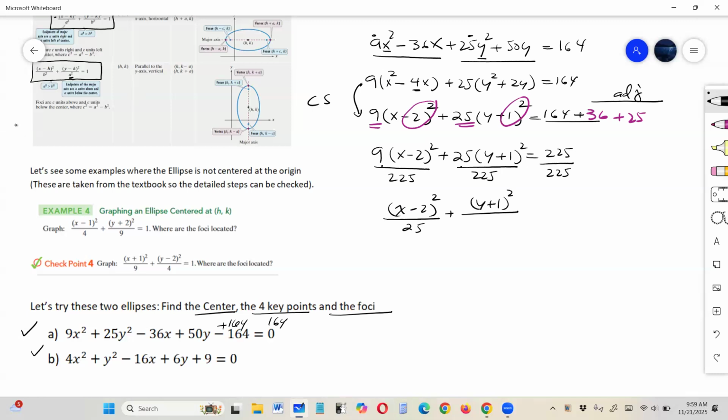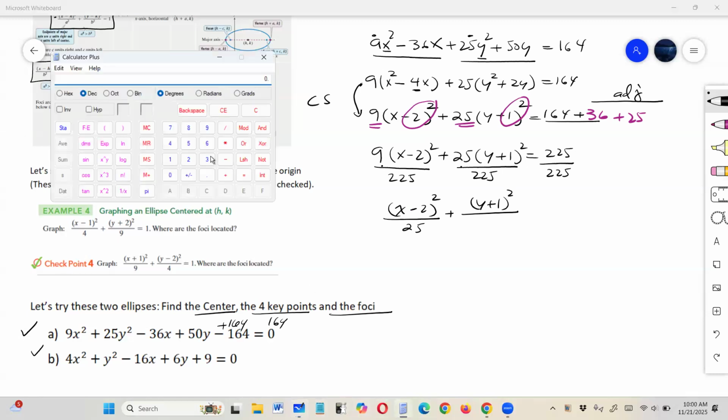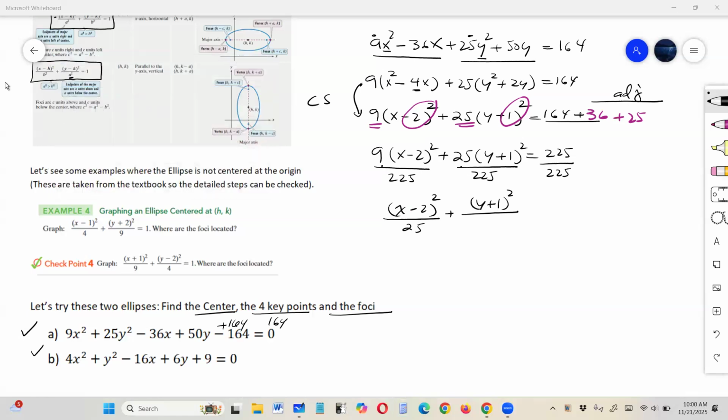Or no, I think it's 16. All right, so let's see. 225 divided by 25, 9. Okay, 9. So this is 9. And obviously this is 1. Now, this is the equation in standard form.